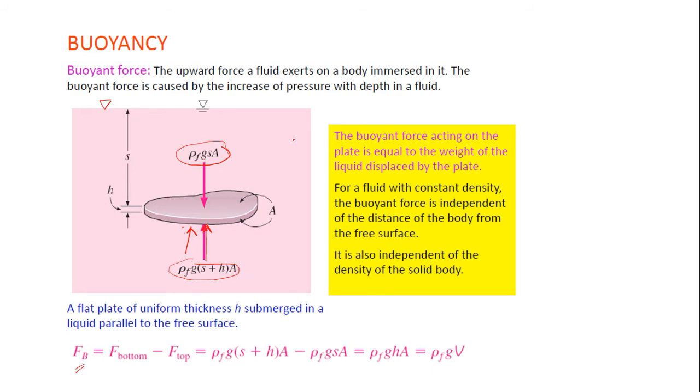So the formula is, for the force at the bottom, you know rho gV, and you know the rho gV term from before, right? This rho gV can also be written as rho gAh, because the volume is the area of the surface times the height.